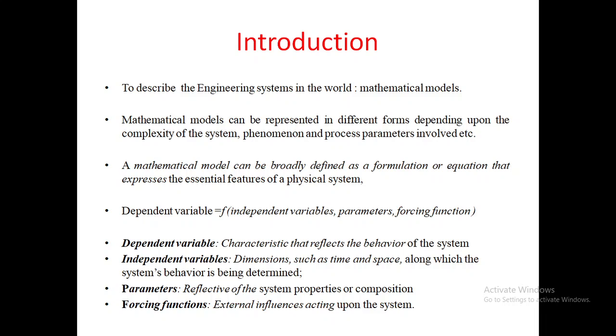All these things are considered in the independent variable. Remember that. Then what is the parameter? A parameter is a reflection of the system property, or we can say the composition. Whatever reflects the system property or composition is the parameter.